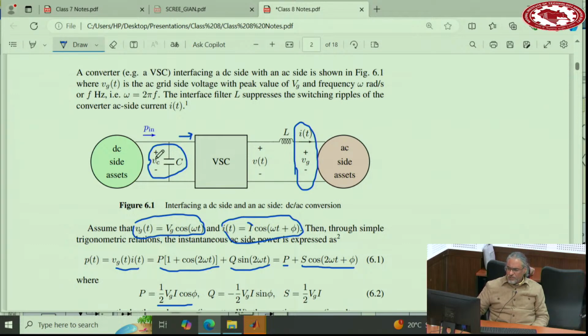The other solution is to put another converter here between the panels and this capacitor. And now let this voltage, the DC link voltage, have large ripples, but make sure that the voltage across the PV has no ripples.